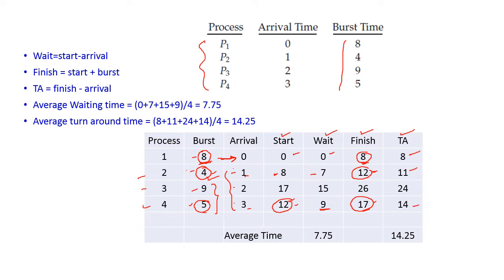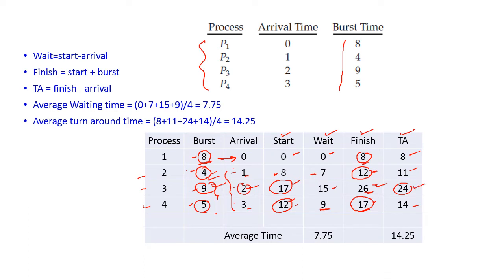Finally, process 3 will start execution, because it has the highest burst time. The finishing time of P4 is the starting time of P3, and waiting time is 17 minus 2, the arrival time, which is equal to 15. Finish time is 17 plus 9, which is equal to 26, and turnaround time is 26 minus the arrival time 2, which is equal to 24.